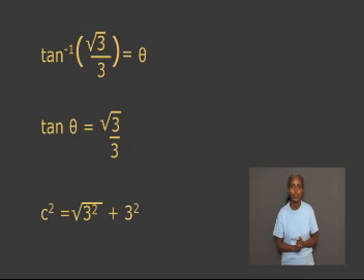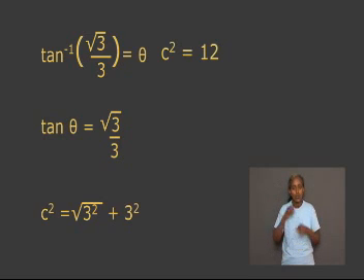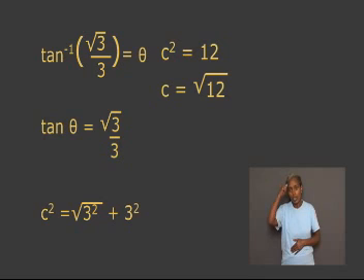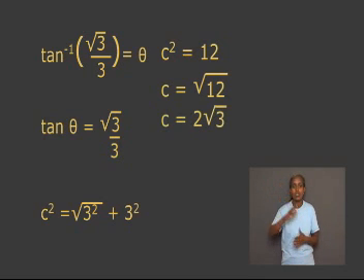In using a special triangle, we know that the two sides are the square root of 3 and 3. Thus, we can use the Pythagorean theorem to calculate our hypotenuse as 2 times the square root of 3.